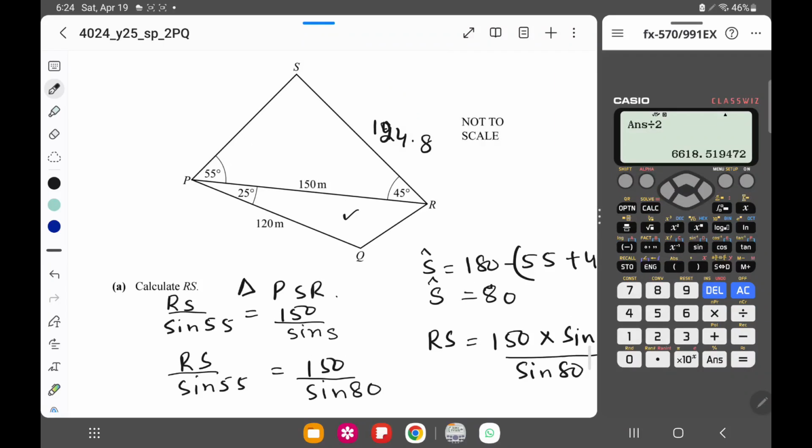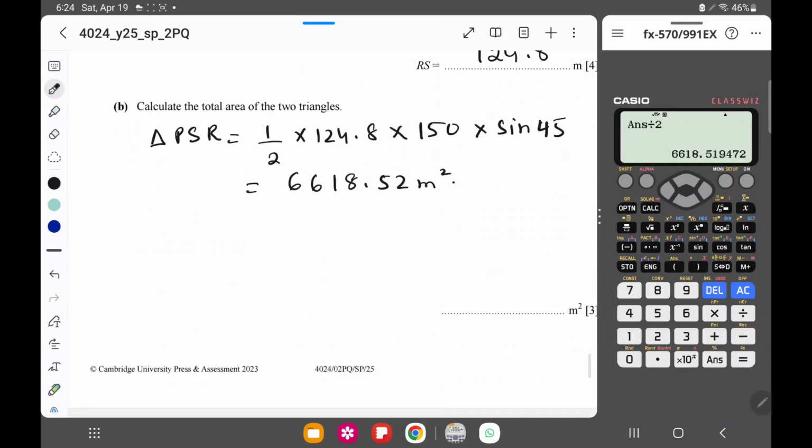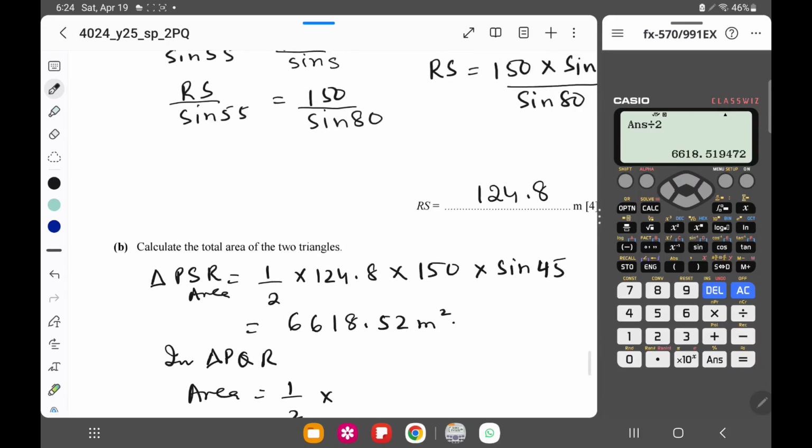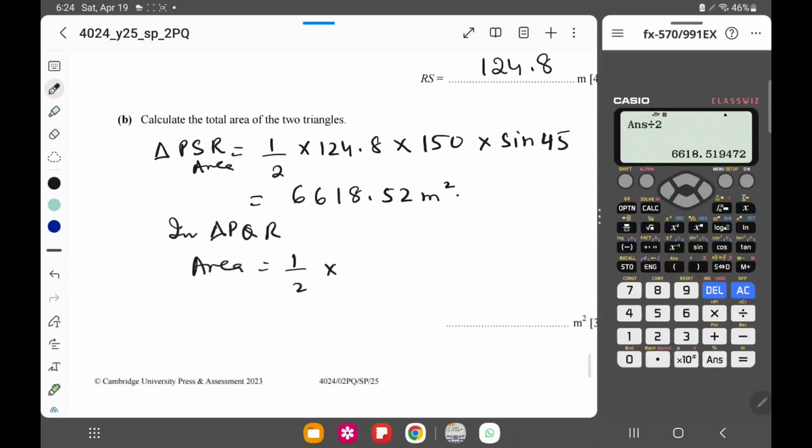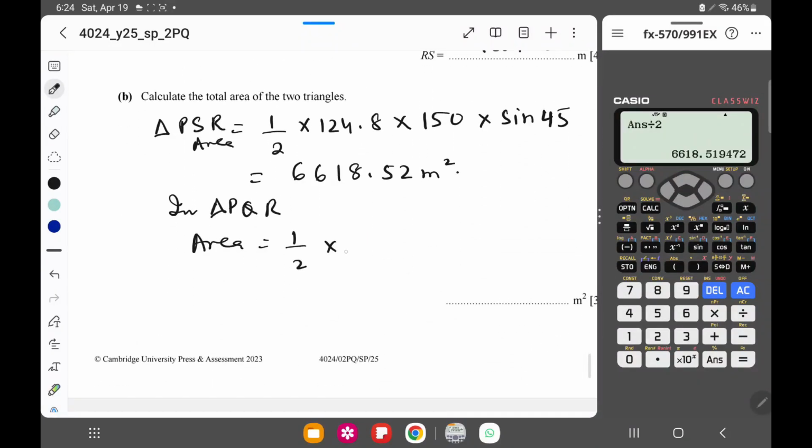Now the next triangle is this much, triangle PQR. In triangle PQR, area equals half of the connected lines, 150 and 120, and sine 25.